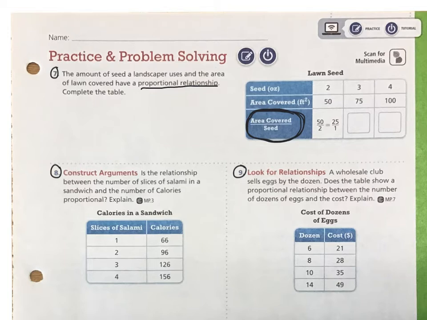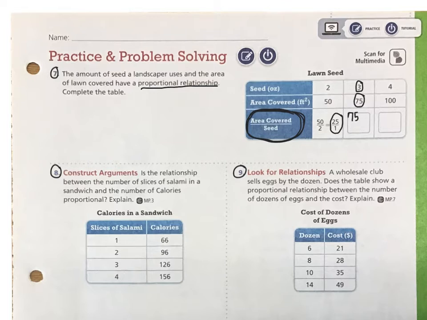So in the first ratio we are given in the table, we use 2 ounces of seed to cover 50 square feet. So the ratio is area, 50, to seed, 2, or a simplified ratio of 25 to 1. In the second column of the table, we have 3 ounces of seed for 75 square feet.